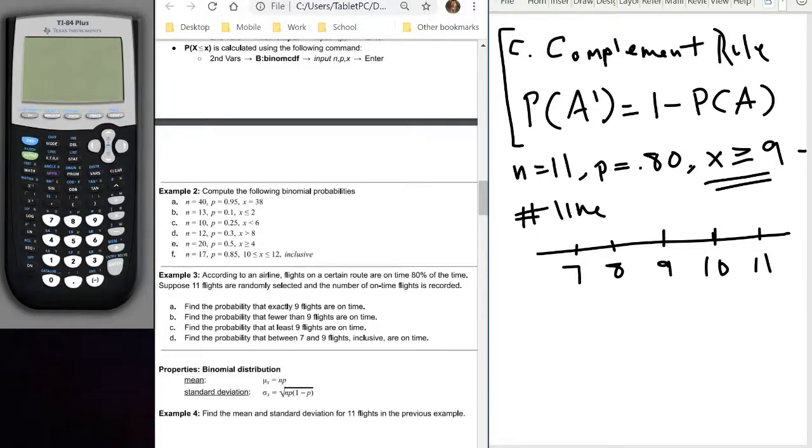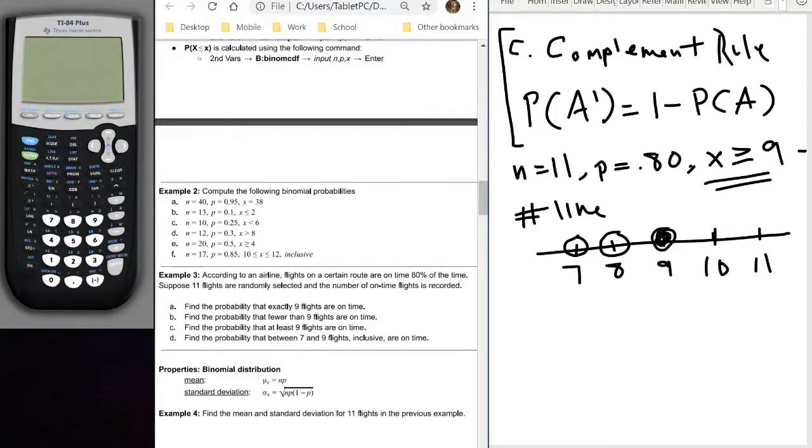So we go one by one. 7 does not satisfy greater than 9, so we have to leave this as open circle. 8 does not satisfy the statement x is greater than or equal to 9, so we exclude the 8. 9 is not greater than 9, but 9 is equal to 9, so this statement holds true.